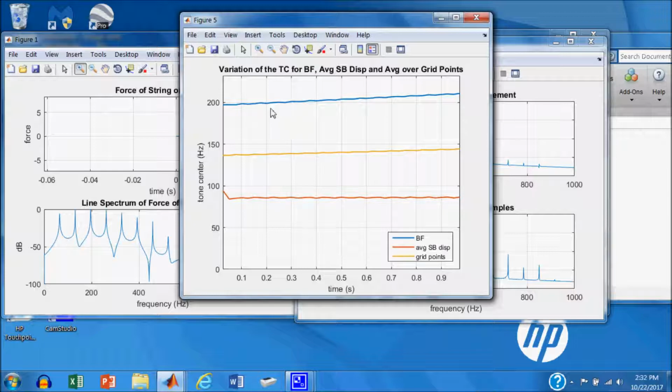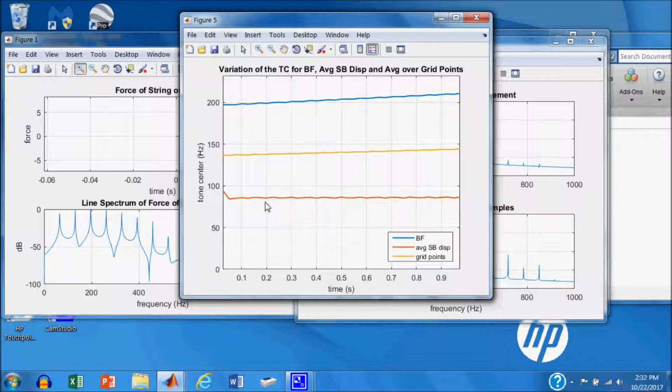So for example, if I look at this tone center of the bridge, you can see it varies around 200 hertz. It's higher because we mentioned earlier that the soundboard is kind of a low-pass filter compared to the bridge frequencies.